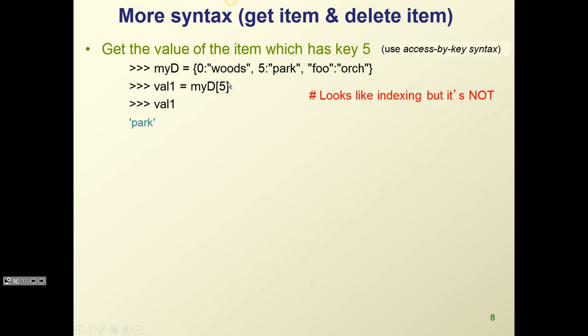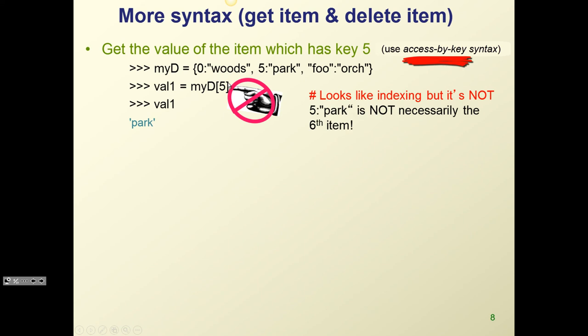Instead of having indexing, dictionaries have access by key. MyD square braces 5 is an example of access by key syntax. When you get or set a dictionary value by using a key inside square braces, this is referred to as access by key. Notice that 5 is not necessarily the 6th item in the dictionary, it's just a key.